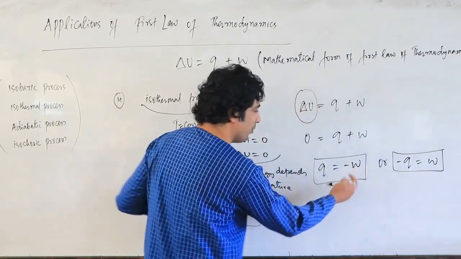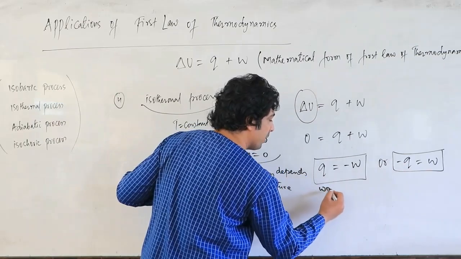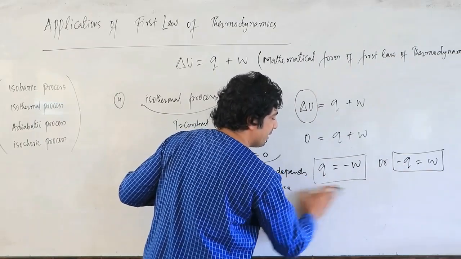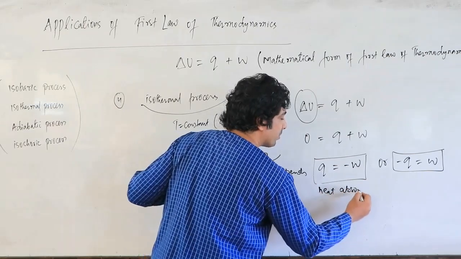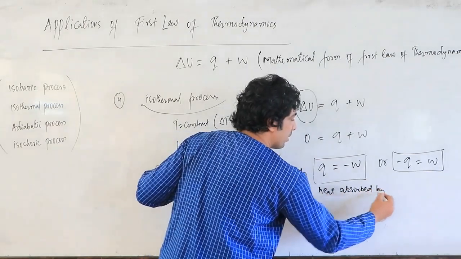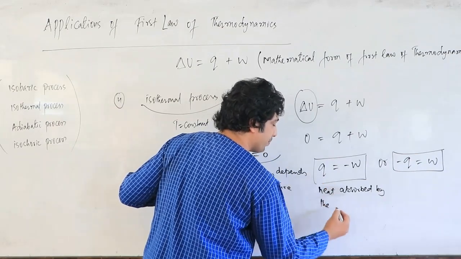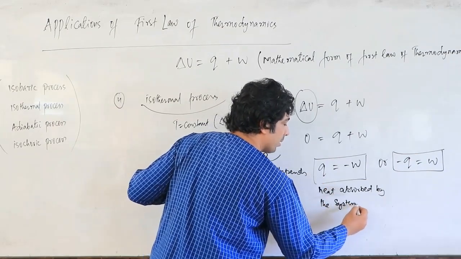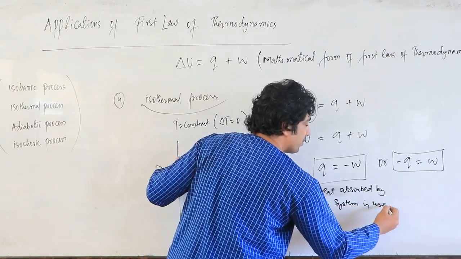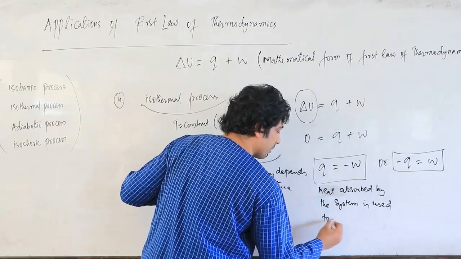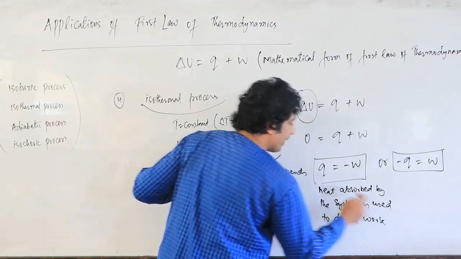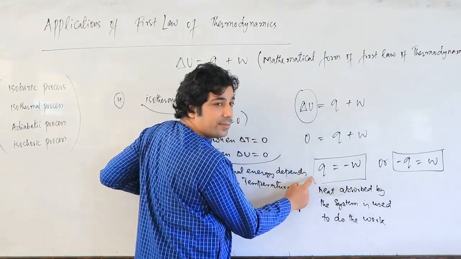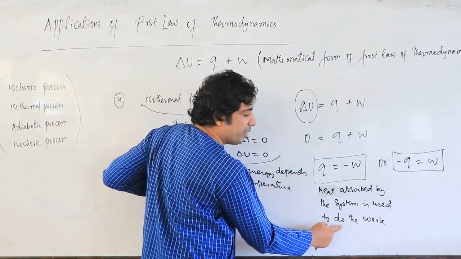So here I will tell you minus W. Heat absorbed by the system, that is Q, is used to do the work. So whatever heat is absorbed by the system is used for doing the work.